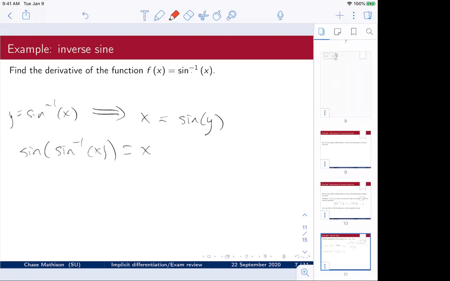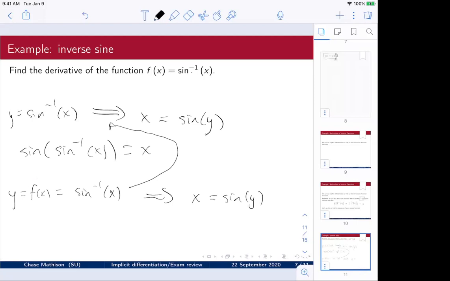Let's write this out. If we have f of x, I'm going to call it y, is f of x, is the inverse sine of x, then I'm just going to use this fact to say that x is equal to the sine of y.